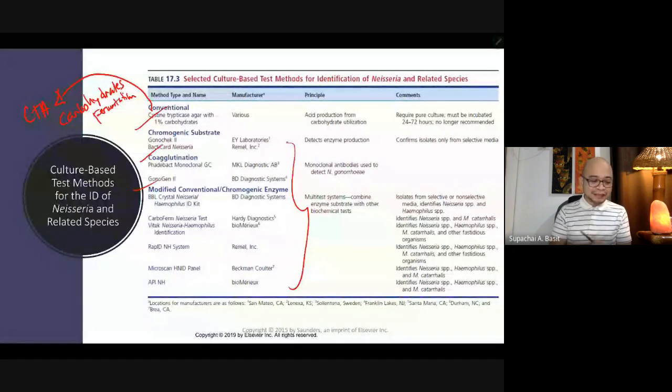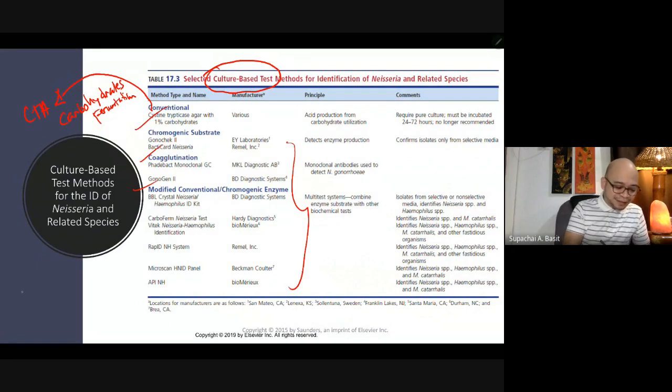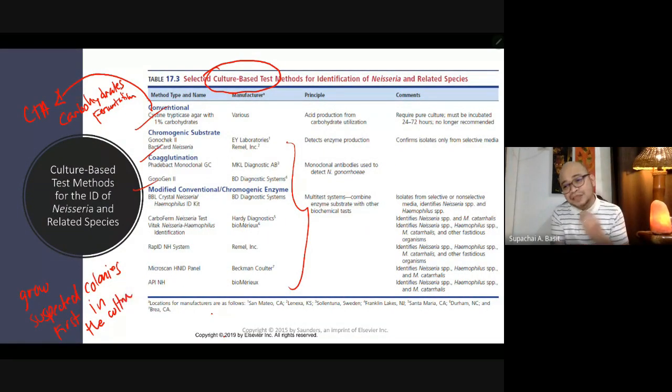These tests are called culture-based tests. Why are they called culture-based tests? Because the first requirement is you should first grow the suspected colonies in culture.